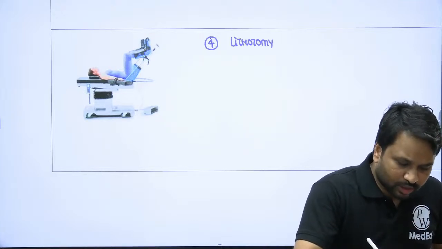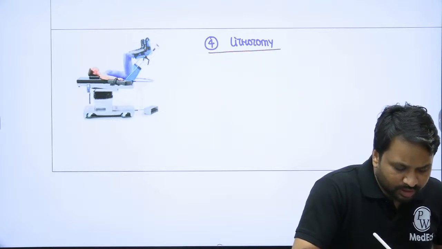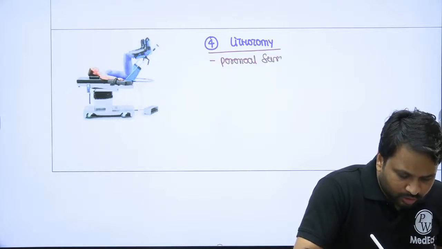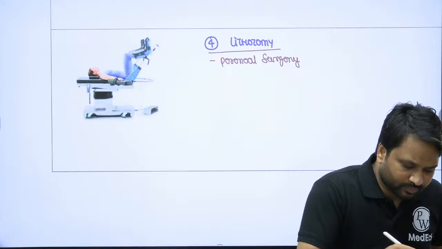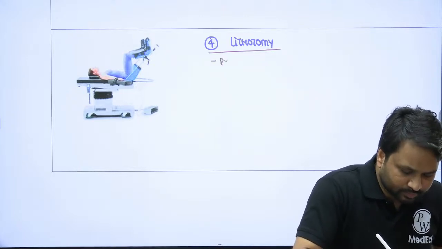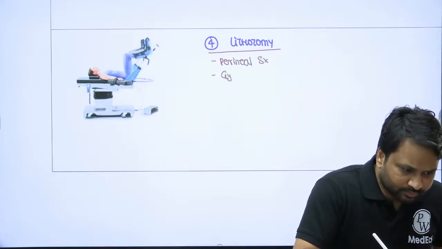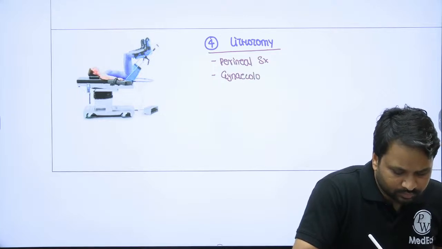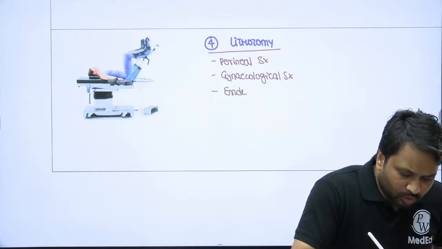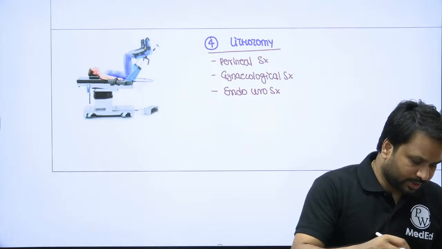Remember, the lithotomy position is performed for all your perineal surgeries, all your gynecological procedures, and all your endo-uro surgeries, right?